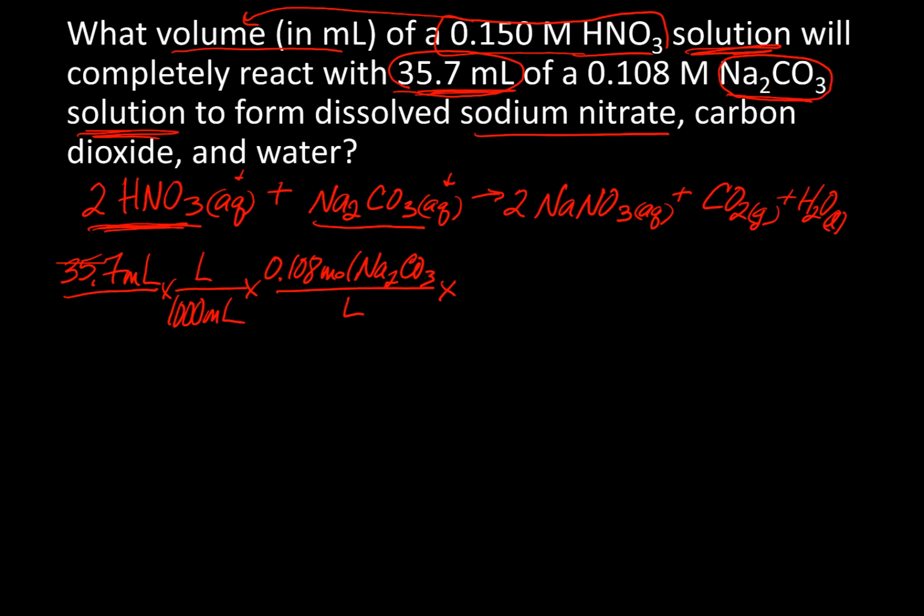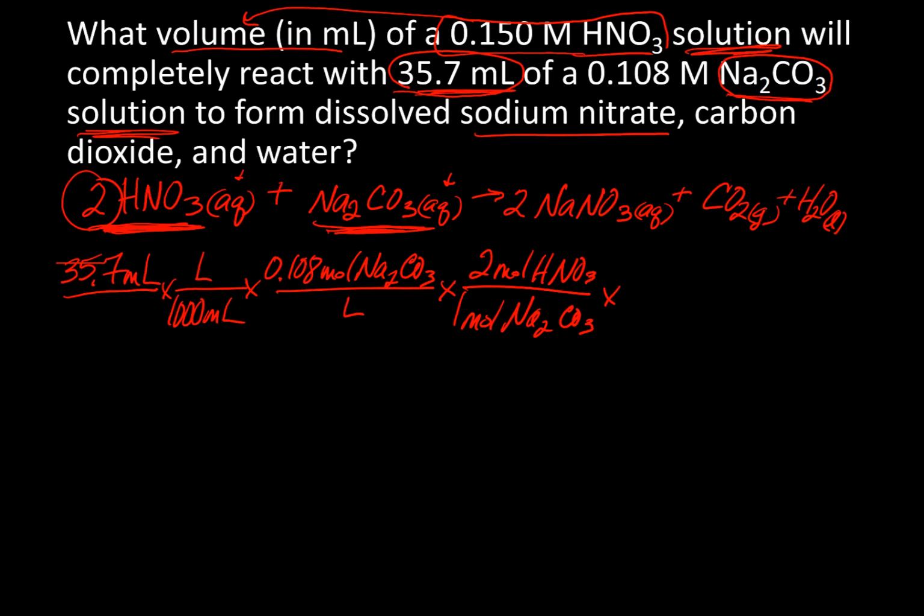And then you're going to want to relate the sodium carbonate to the amount or the moles of nitric acid that react. So for every 1 mole of sodium carbonate that reacts, you have 2 moles of nitric acid reacting.